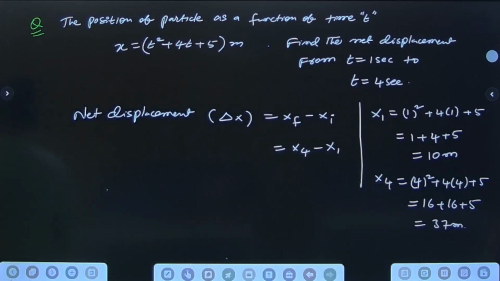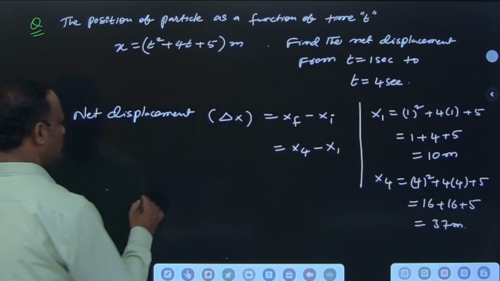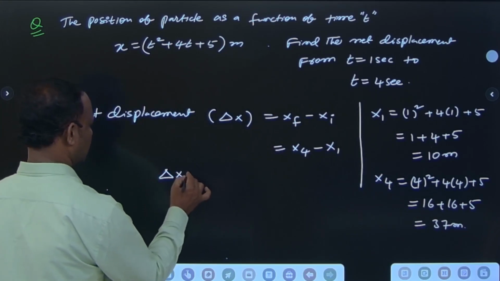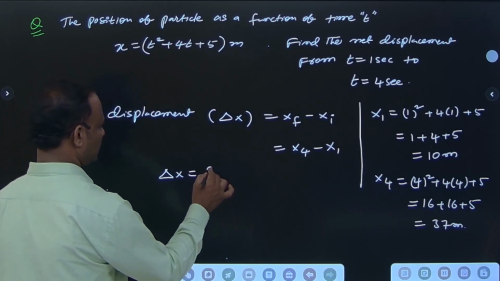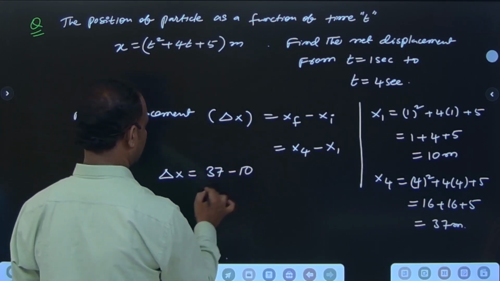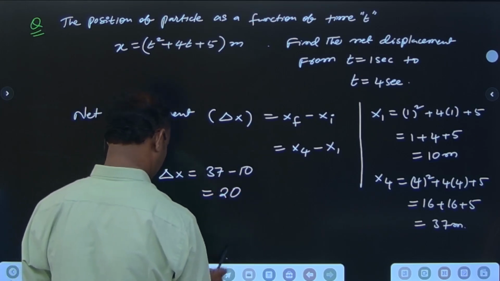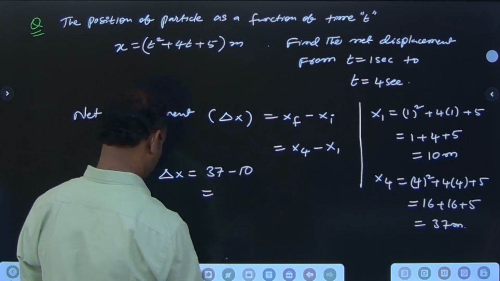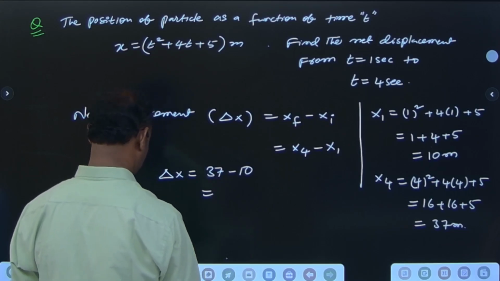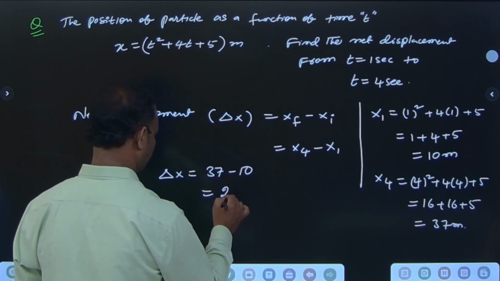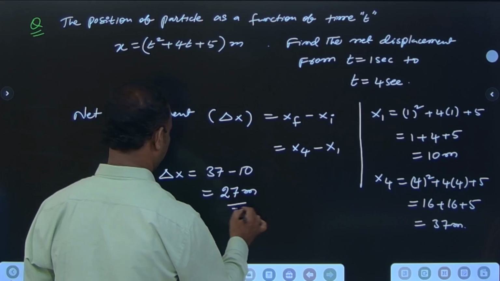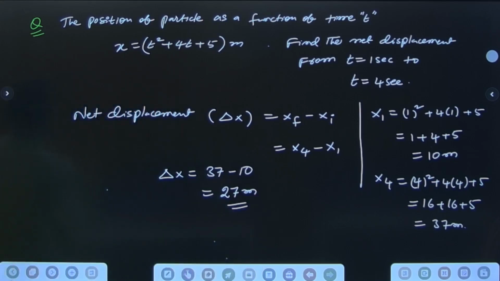What is the net displacement? Δx is x4, 37, minus 10. The answer is 27 meters. This is one type of problem to find the net displacement.